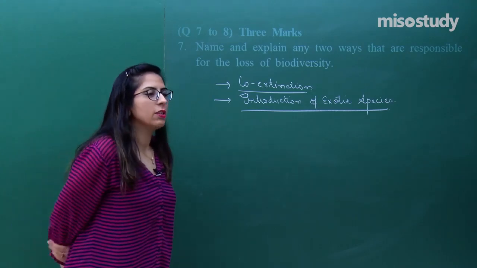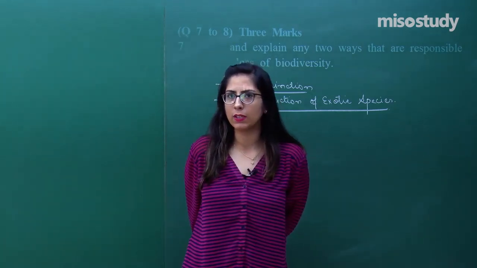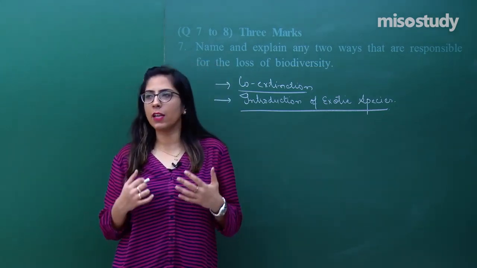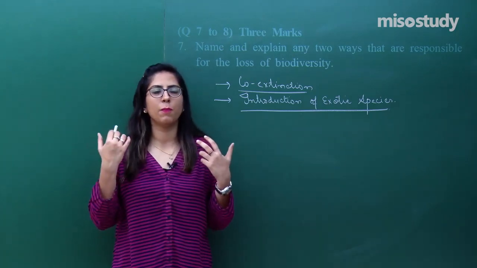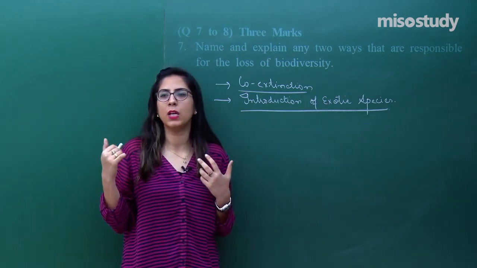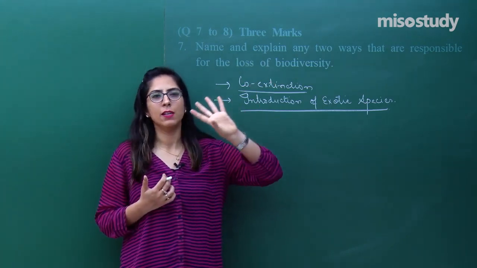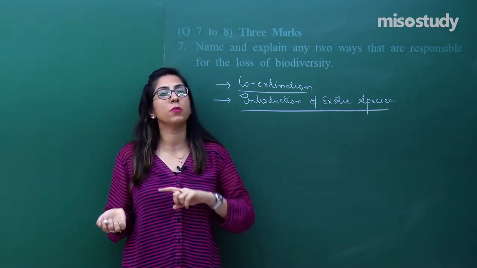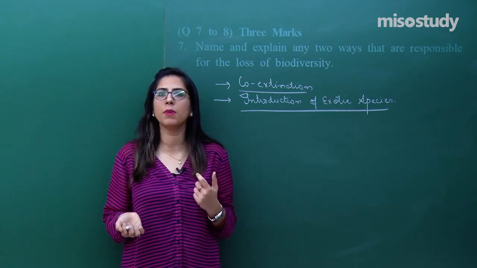Co-extinction means if 2 organisms are in an obligate relationship with one another. That means they are depending upon one another. They cannot live without one another. If for some reason some disaster happened, and species one gets eliminated from nature, definitely the chances are that the second species which is dependent on it in an obligate relationship will also be eliminated.